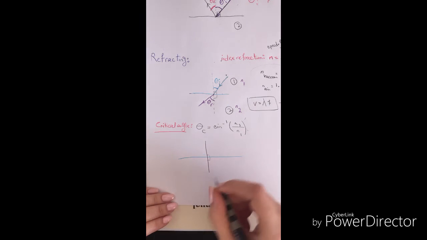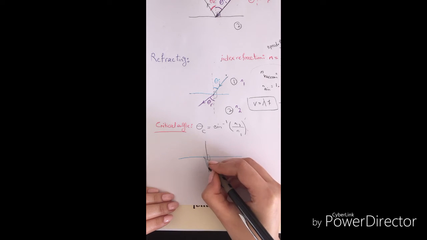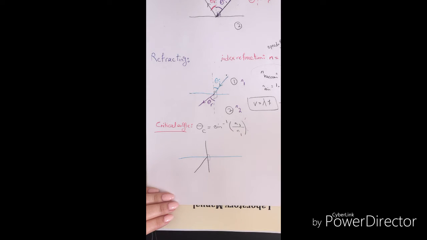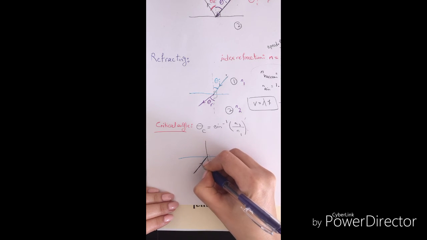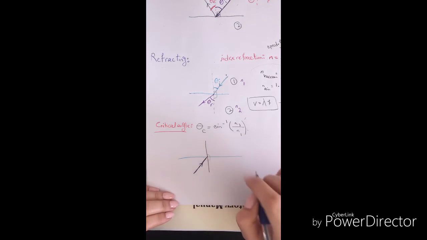Now, the initial ray can hit the surface from this side. Okay, so now this is our initial ray, which has hit the surface.